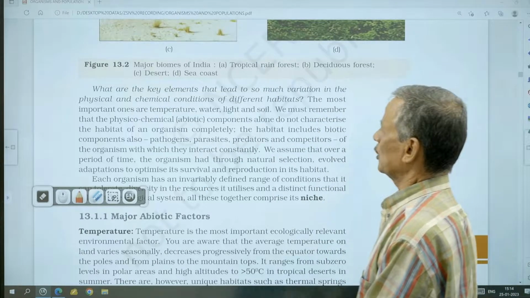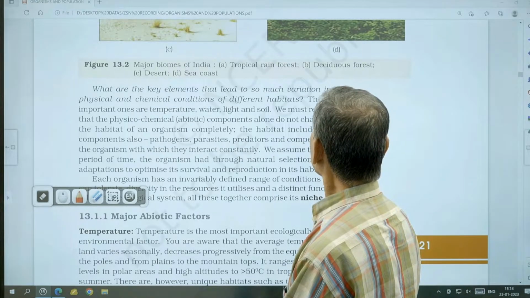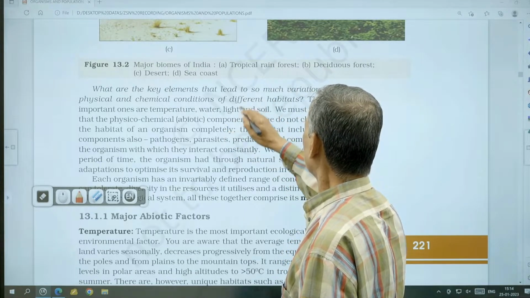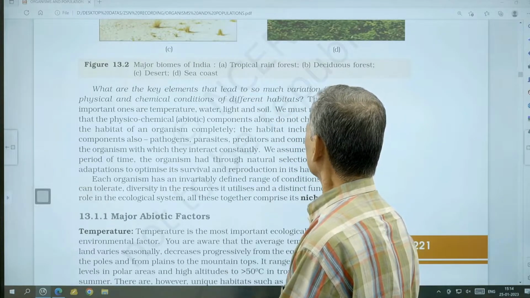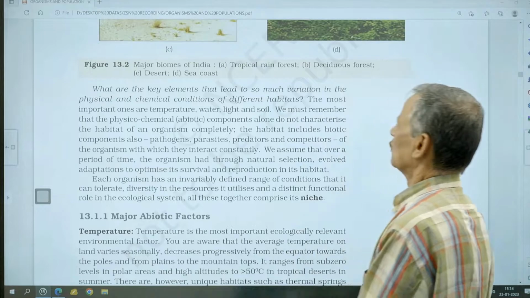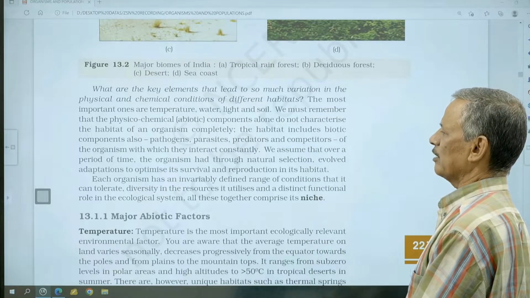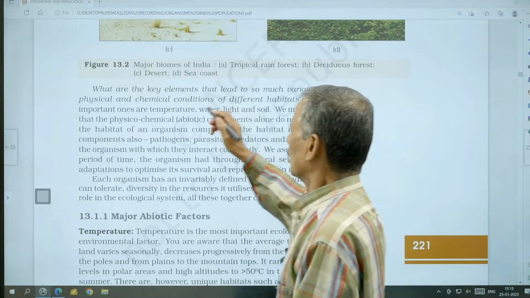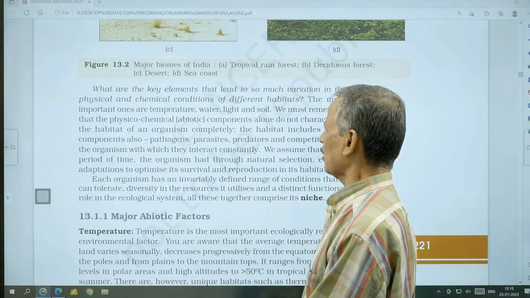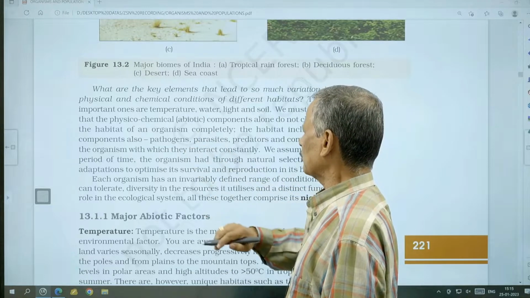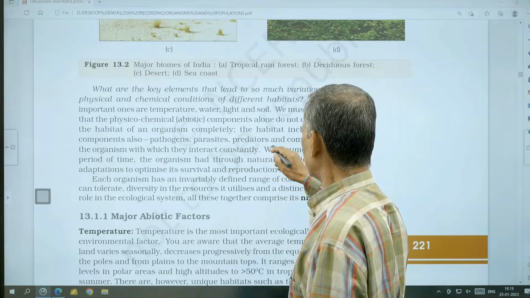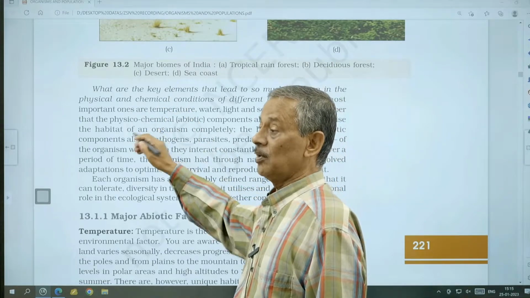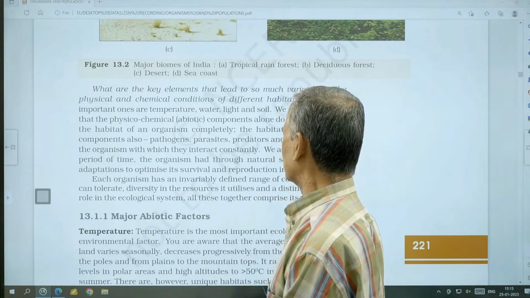So the most important ones in abiotic are temperature, water, light, soil. These are all the different physical and chemical conditions that determine a habitat. And also biotic components. What are the biotic components? The pathogens, parasites, predators, competitors, etc., which are present in that area.